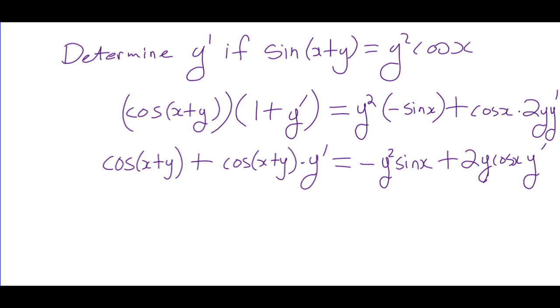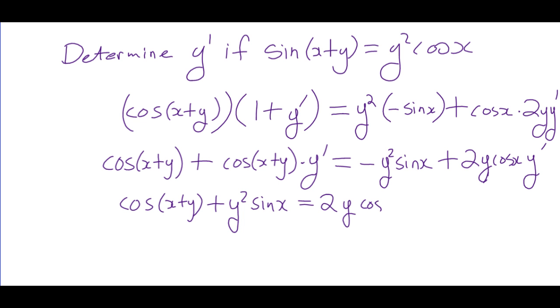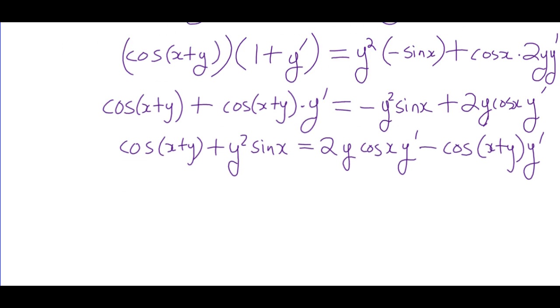Okay, y primes to one side. Let's pull this, so we'll go this. Cos of x plus y. Move this over so it becomes plus y squared sine x equals 2y cos x y prime minus cos of x plus y y prime.